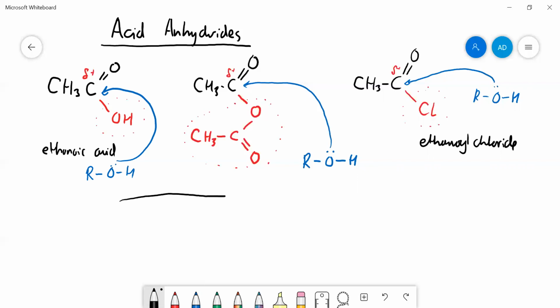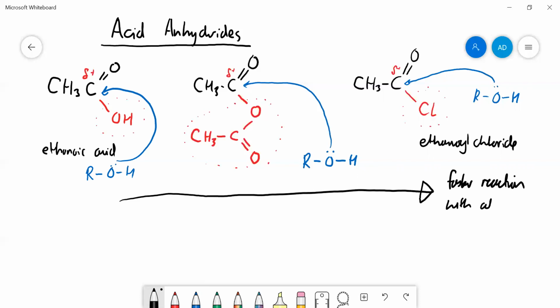So that's all three of the carboxylic acid derivatives that we need to know about, and that is the order. So it becomes a faster reaction with alcohol to form ester.